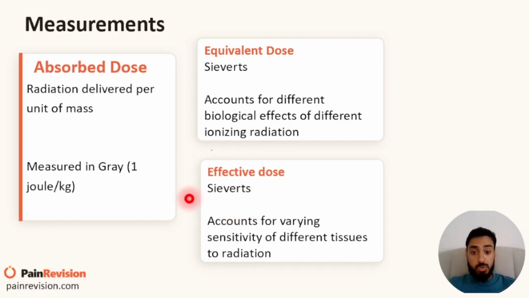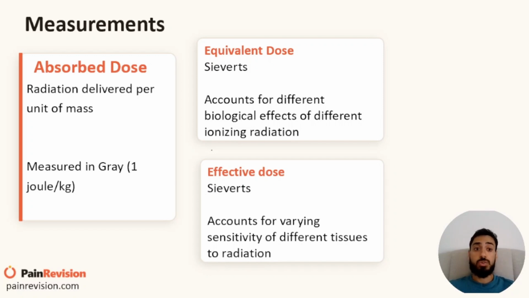The effective dose is similar, but rather than accounting for the type of ionizing radiation itself, it accounts for the type of biological tissue that is absorbing the radiation. That reflects the idea that different tissues have different susceptibility to injury by radiation. So that's also another weighting factor that is multiplied depending on the type of tissue.